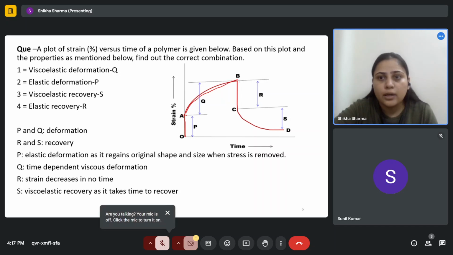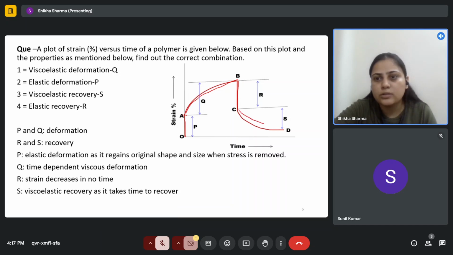Then strain decreases instantaneously, in no time. Then from C to D, strain is again decreasing at a different rate. Till O2B, O2A plus A2B, in this area the strain is developing.